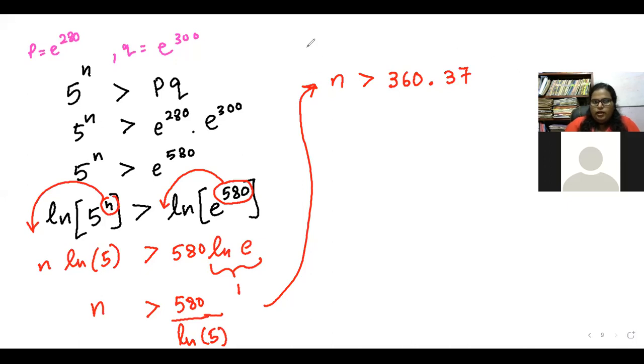Right, so when I draw this one on a real number line, we can mark these values 360, 361, 362, like this, and our answer is 360.37. So it should be there, right?